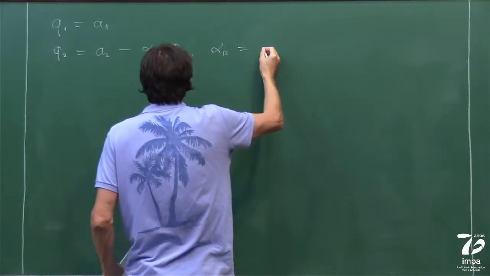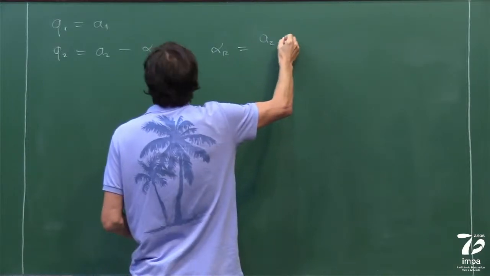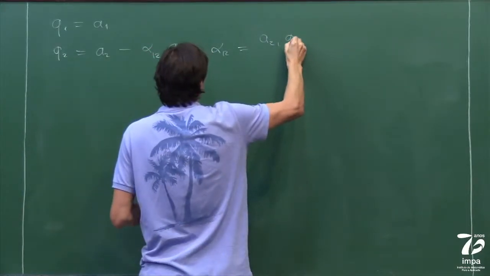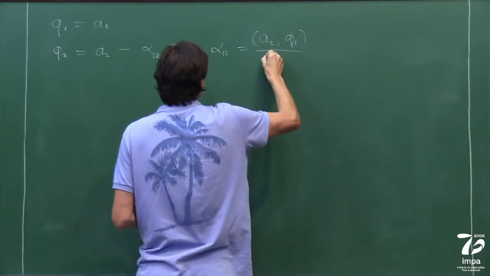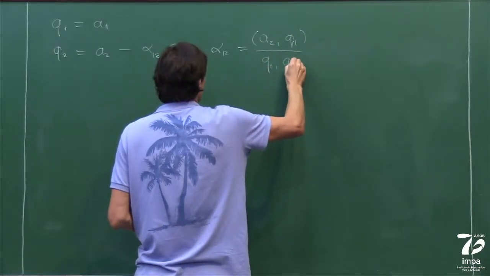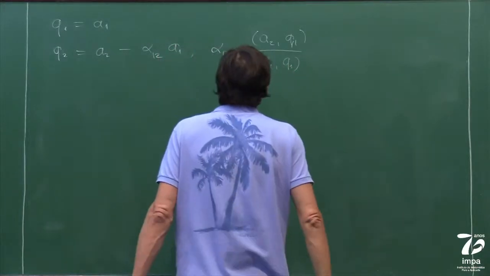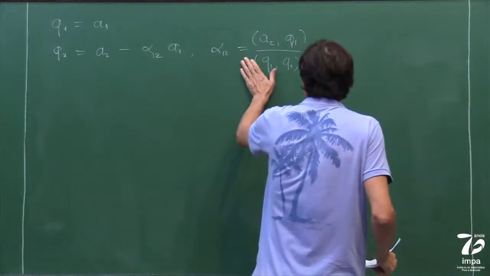So we have to project A2 onto Q1, dividing by the norm. A little better, let's just write norm.